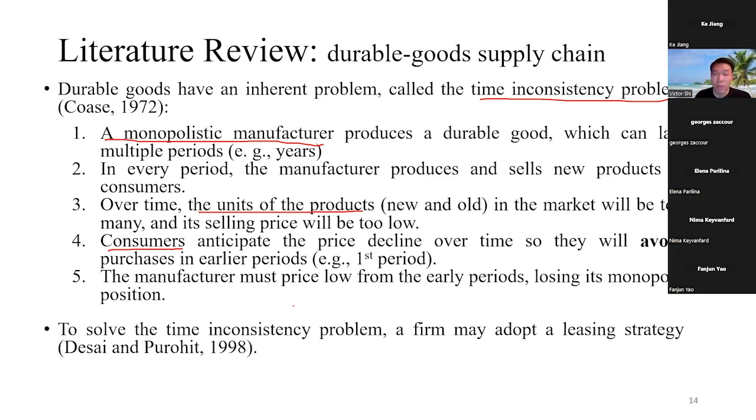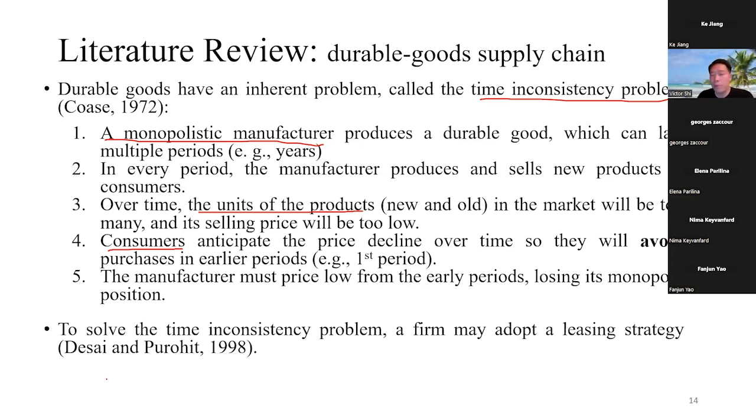So the manufacturer must price low from the early periods, losing its monopoly position. Although it's a monopoly, because of the competition between new products and old products in the market over time, the manufacturer actually cannot price the product too high. And this is a classic problem called the time inconsistency problem.